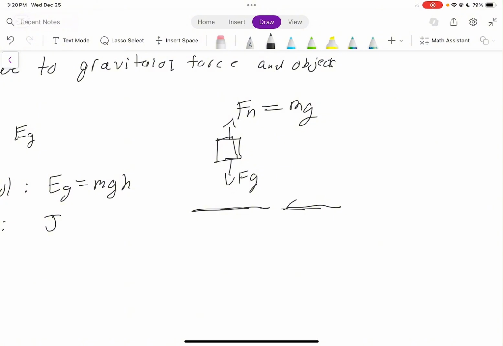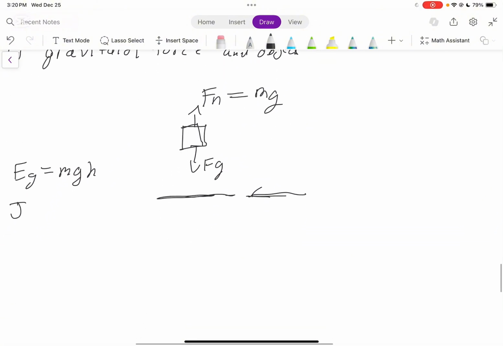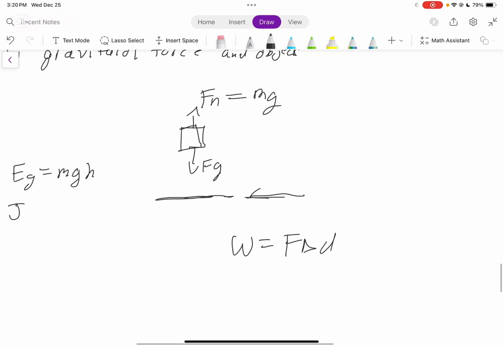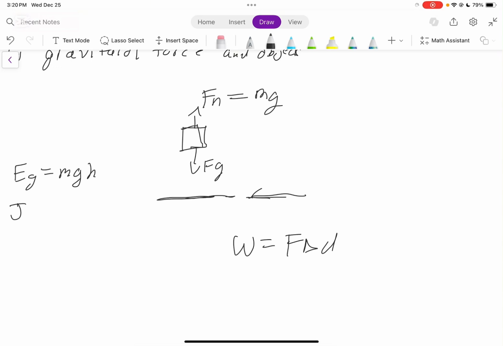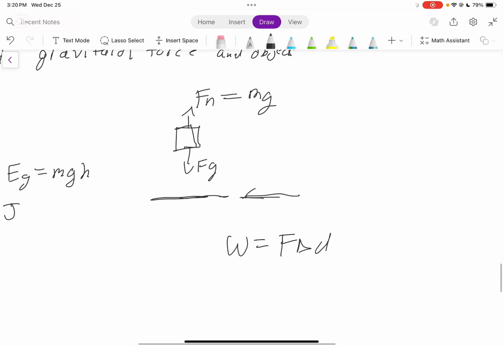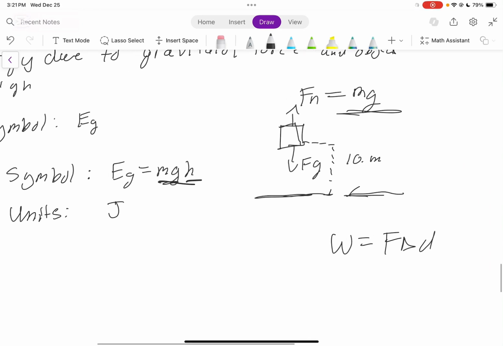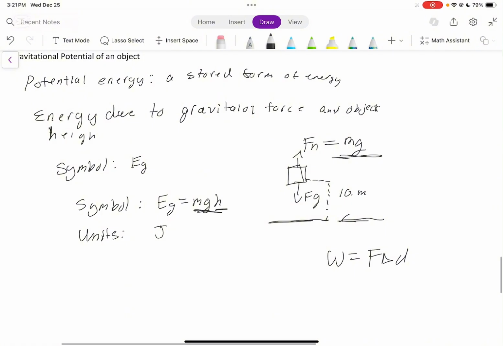And now that we think back to what work means, work is again equal to force times delta d. If our forces are all balanced and Fn is equal to mg, that basically means that we have mass times gravity right here, and we have just some height that's lifted off of maybe 10 meters or whatever height, and if we multiply all these together, we'll get our potential energy of an object due to gravity. So gravitational potential energy, that's what we get.